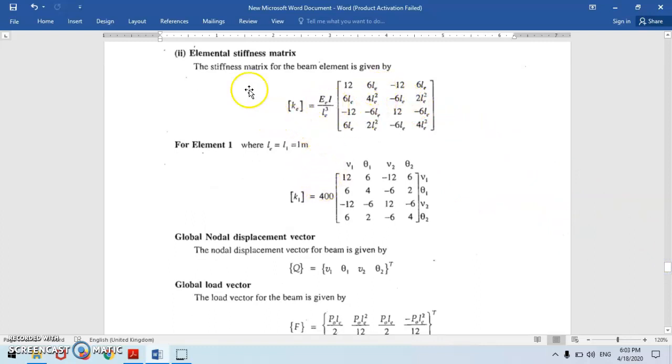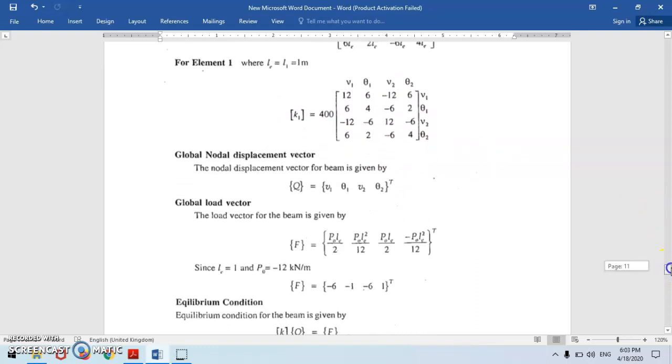EI we already found out, that is 400, and L is nothing but the length of an element, and there is only one element here. That is why the value of this is 1 meter. Wherever there is LE or L, substitute the value 1 meter.